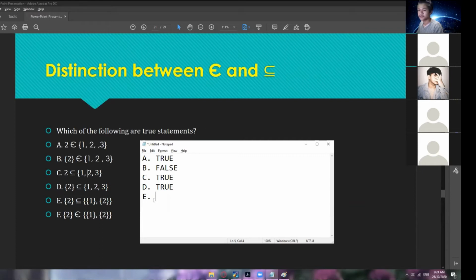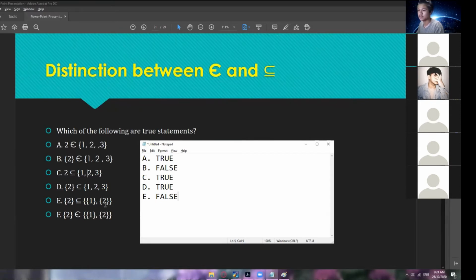How about letter E? True na rin yan, sir. This one is false. Because one of them is enclosed in another set. So this is a set, and then there is another set, but this one is just a set wherein we have an element of 2.